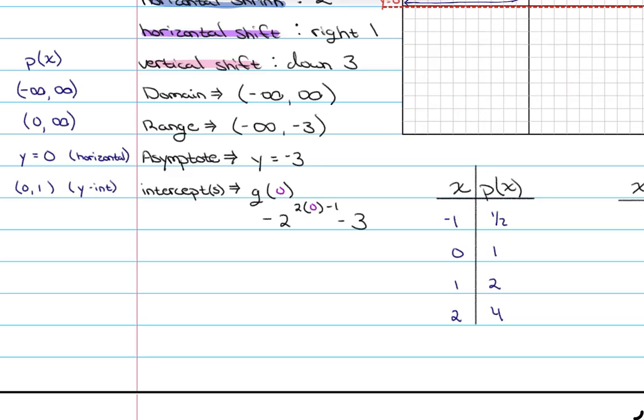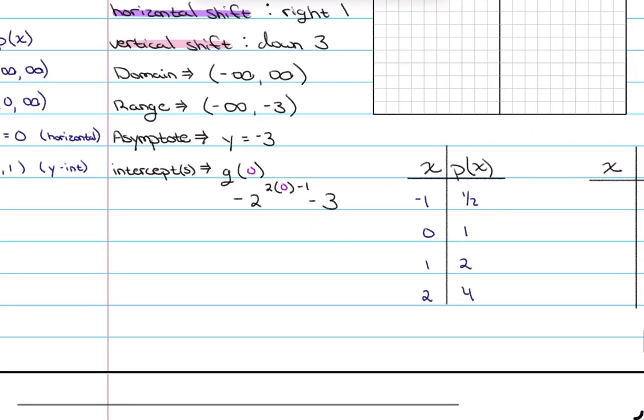Okay, so again, you can plug that into your calculator, or you can be like me. This would end up being negative 1/2 minus 3, which is equal to negative 3.5 or negative 7/2. So whichever way you want to look at it.